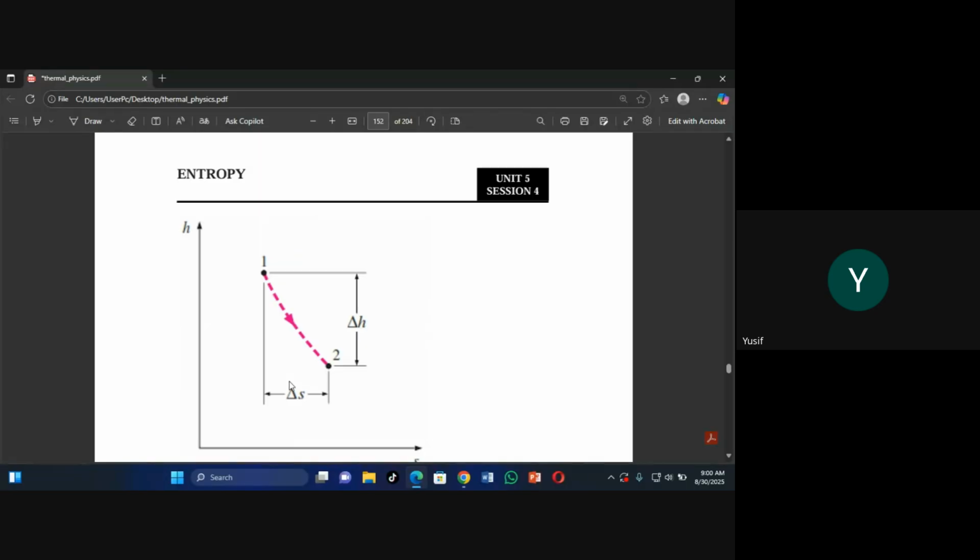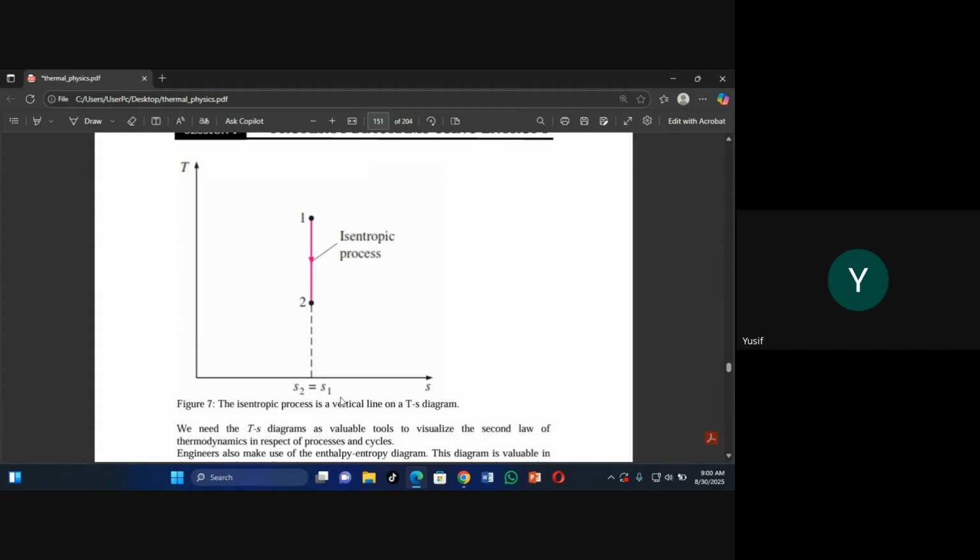So this is the figure 8. When I'm talking about changing from 1 to 2, you can have change in H, and you can also have change in entropy. So in this state, we have change in enthalpy and we also have change in entropy. I hope you are making sense. When you look at this graph, the change is with respect to only the temperature, that's the vertical aspect.